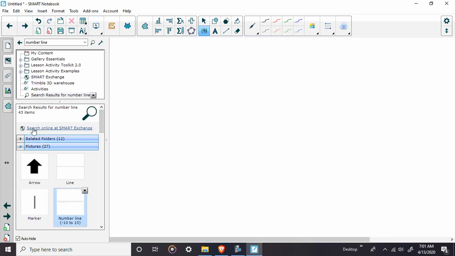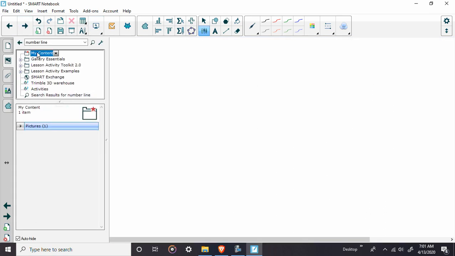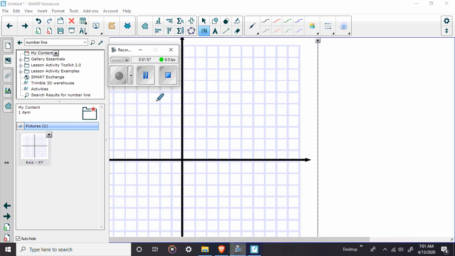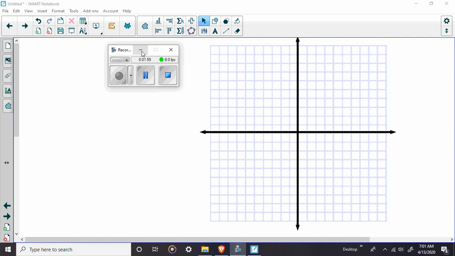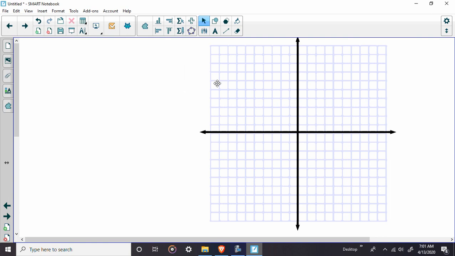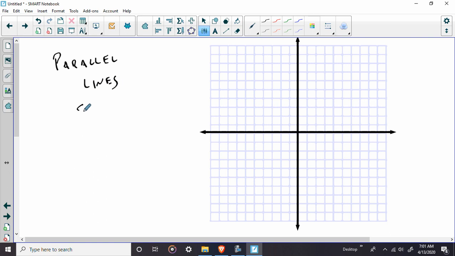On the coordinate plane, pretty straightforward, okay? If you're given a coordinate plane, two lines are parallel, okay? So we'll talk about parallel first. They have the same slope.